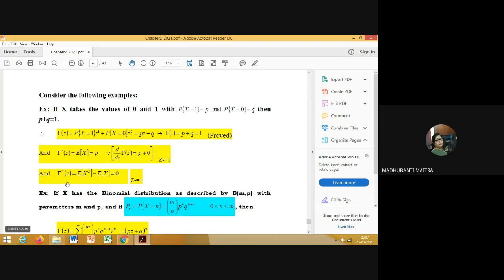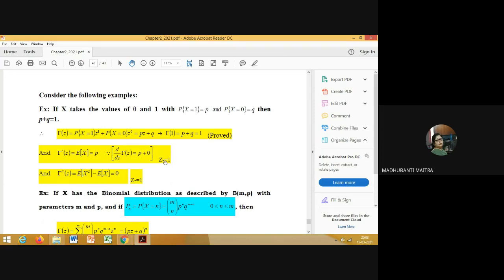right? And if we take the double derivative, this is the function. So the double derivative we know is equal to expected value of x square minus expected value of x, and that will come out to be equal to 0. This is not minus.